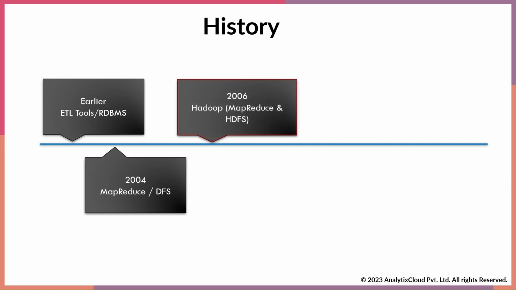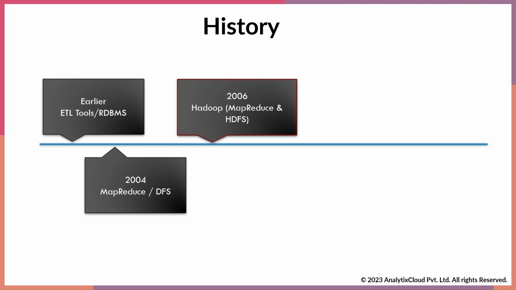Then, in 2006 came Hadoop. It is a framework that has implemented the MapReduce concept for distributed data processing. And HDFS, the Hadoop Distributed File System, is a distributed storage.